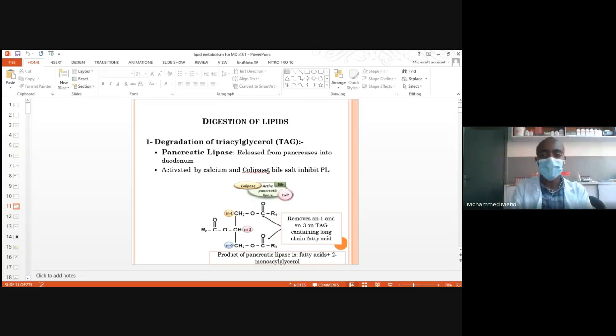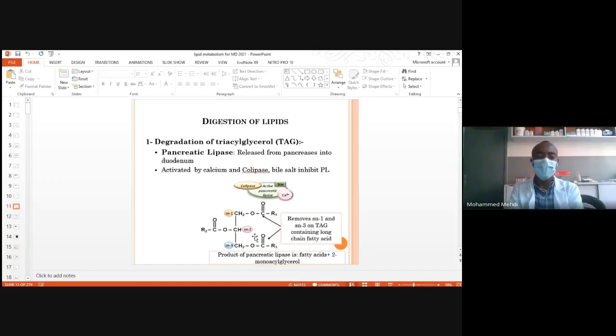Bile salt inhibits pancreatic lipase. So the activity of this enzyme will be inhibited by bile salts and activated by colipase and calcium.